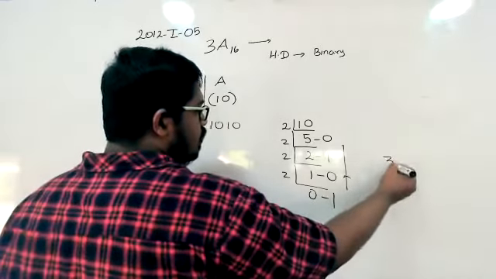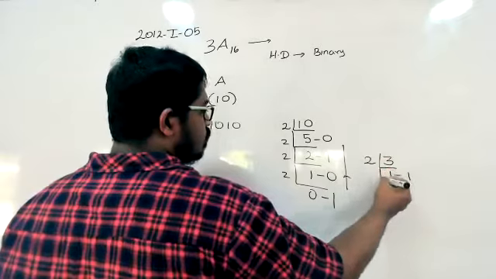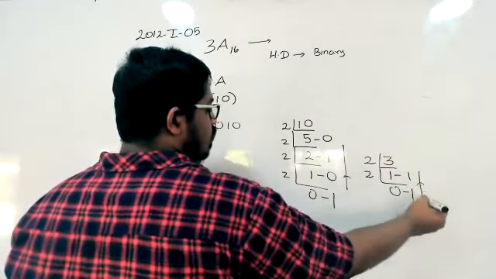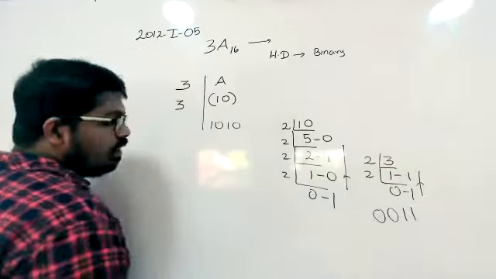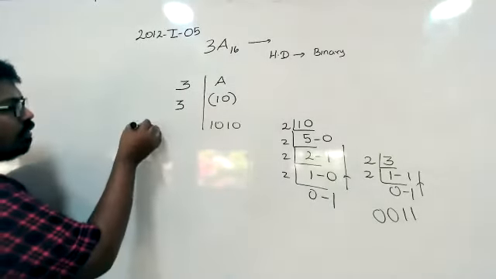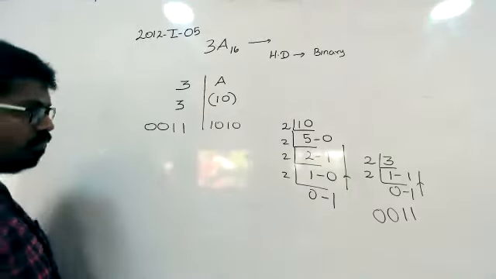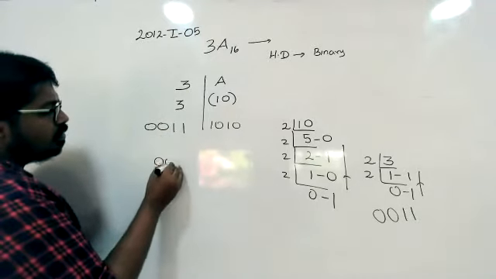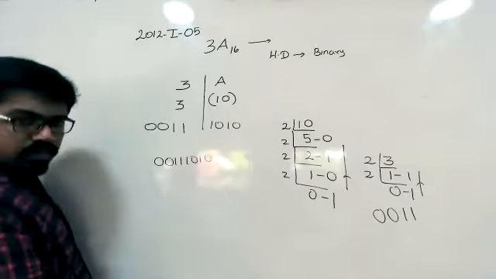When you have number 3, that is 1 1. If you want to make it 4 digits, you can add 2 zeros in front. So your answer will be 0 0 1 1. When you combine these outputs, 0 0 1 1 1 0 1 0.